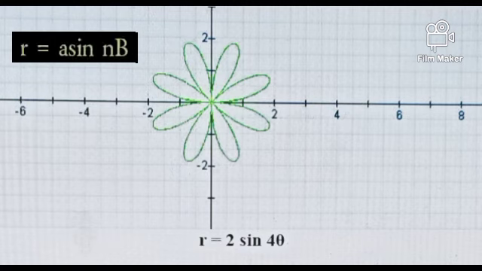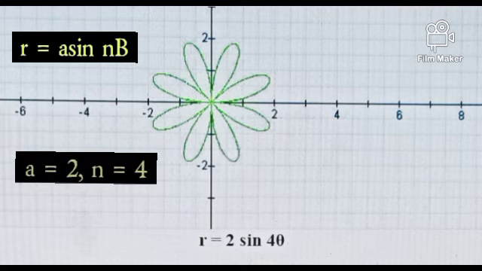In the same polar equation, r equals a sine nb, we take a as 2 because a is fixed, but now we let n be equal to 4. And the polar equation r equals a times sine nb becomes r equals 2 multiplied by sine 4b, which in the graph is the equation r equals 2 sine 4 theta, where theta is the angle b.